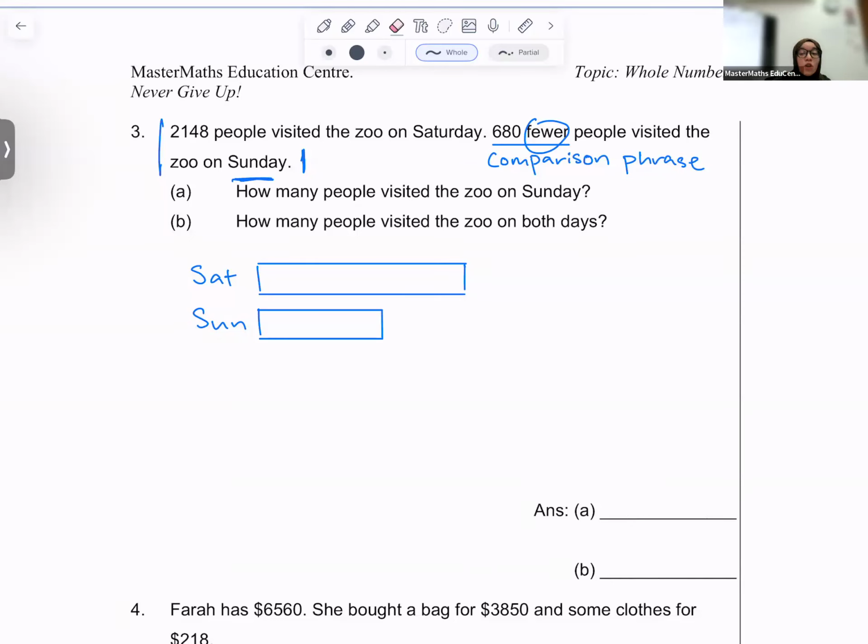You need a sharpener? Let me find. If anyone needs a ruler or anything, please let me know. You need a ruler, okay. You need an eraser also. Let me find it. Anybody else needs anything?